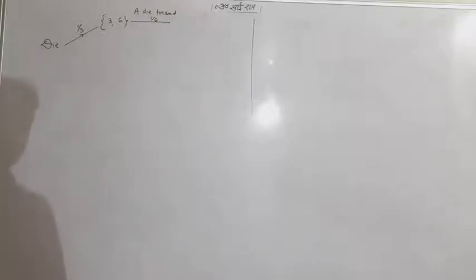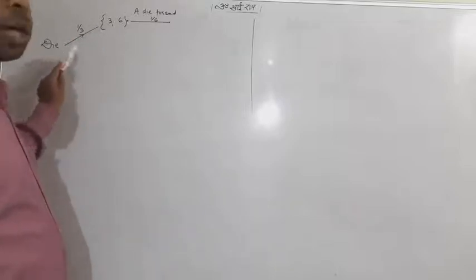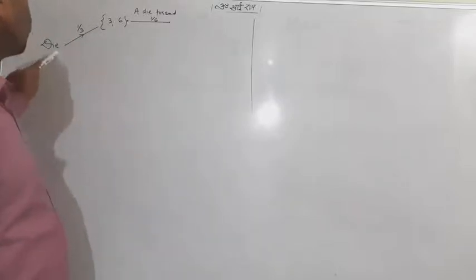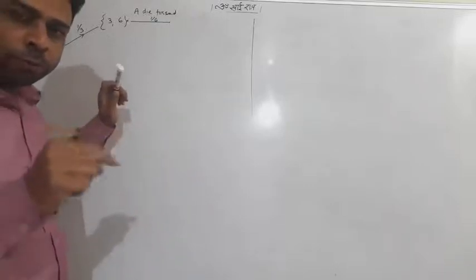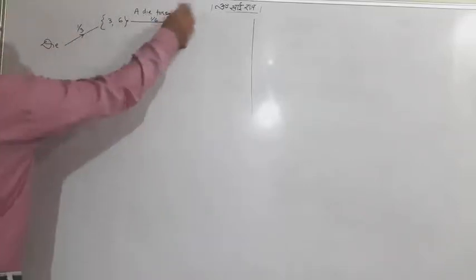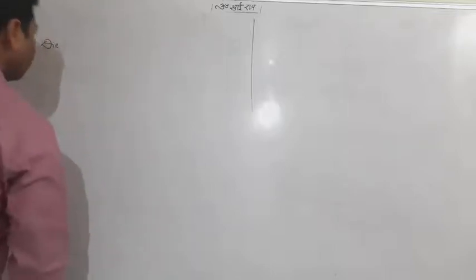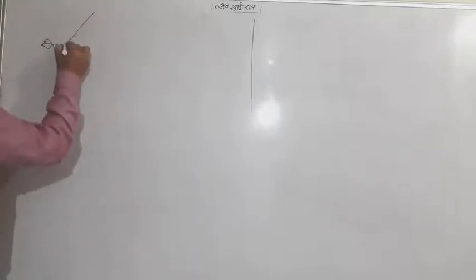Now try to understand the meaning of the question again. It was a die. When the die is tossed, what may come? 1, 2, 3, 4, 5, 6. If it looks tough, I'll tell you one more way to understand.